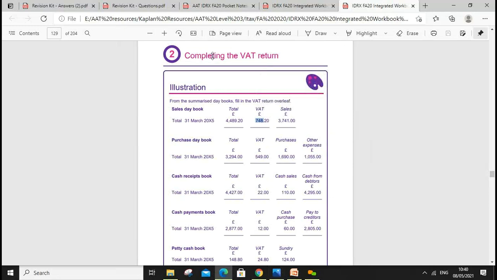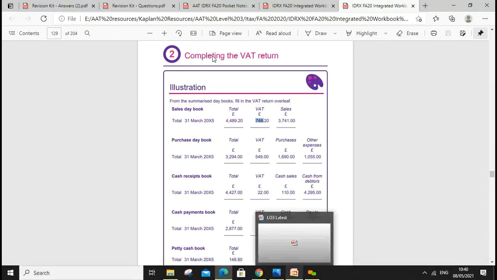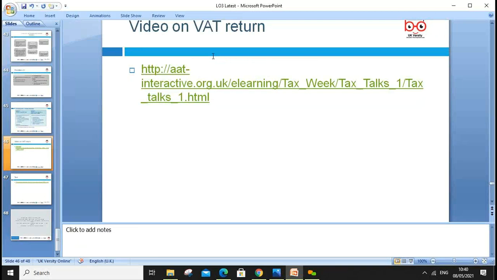Okay, so when you prepare the VAT control account, do we know the double entry bookkeeping rule? We discussed that. What goes on the debit side? Expenses, assets, and drawings. Any VAT on these goes on the same side, the debit side. Liabilities, income, and capital go on the credit side, and VAT on these goes on the credit side as well.